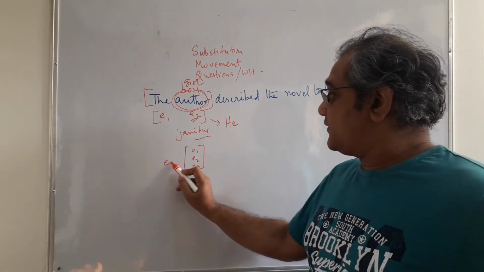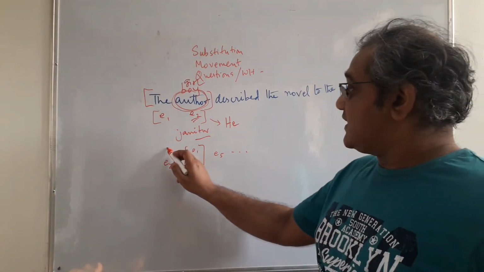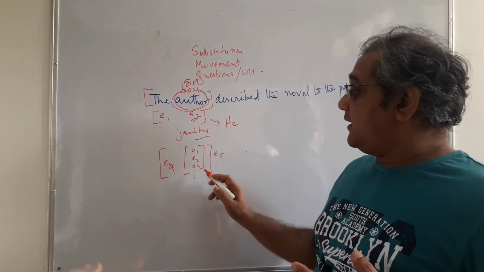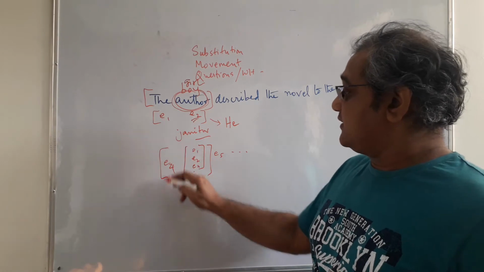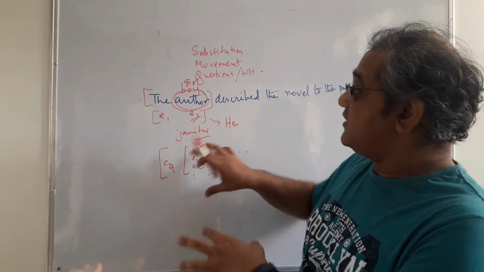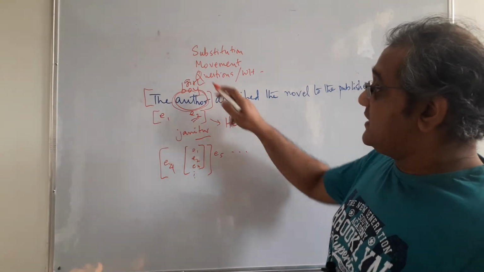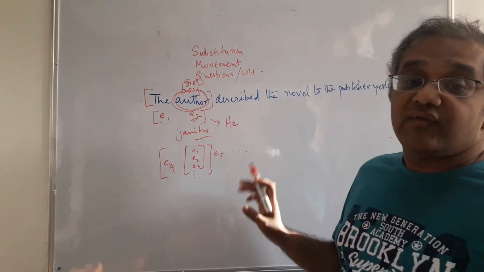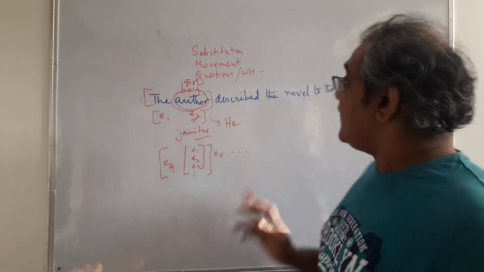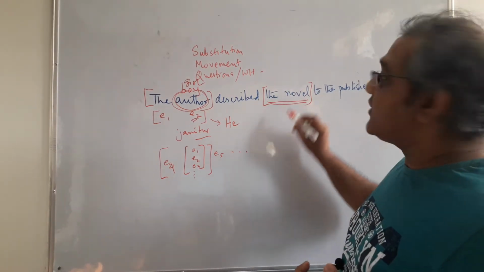So this unit, the bracketed element and any of these elements together, can be given as a unit, a cohesive unit. Or you can say the part that is the novel can be replaced by it.